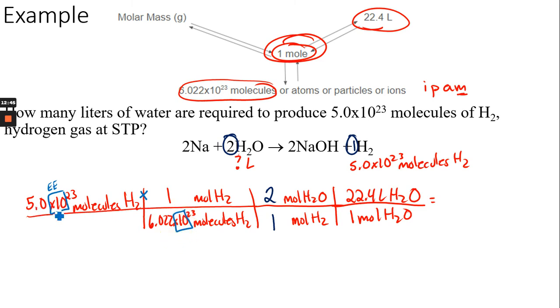So 5.0 special button 23 times 1 divided by 6.022 special button 23 gets rid of the molecules, times 2 divided by 1 gets rid of the moles of hydrogen, times 22.4 divided by 1 gets rid of the moles of water, and we're left with liters of water. We want 2 significant figures this time because the decimal, the zero, is significant, so our answer would be 37 liters of water.